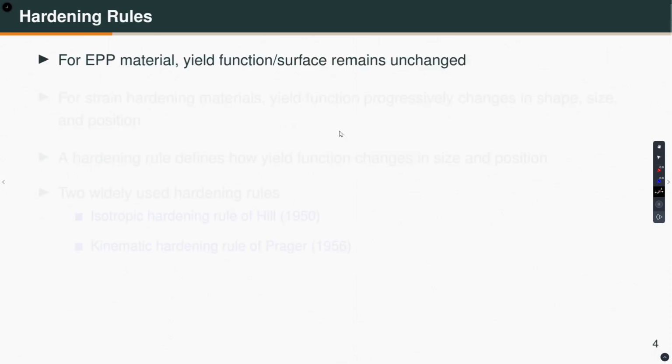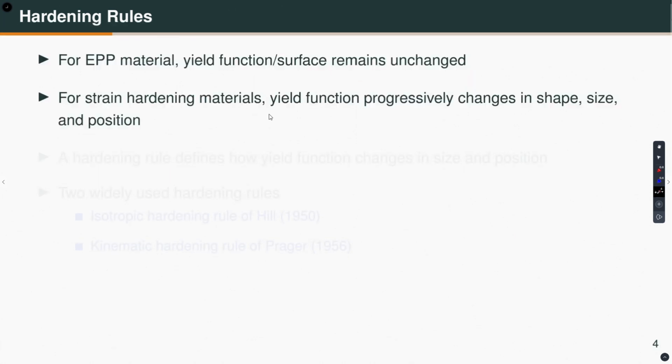Okay. So, let us recall that for elastic perfectly plastic material behavior, the yield function F of sigma, or the yield surface when we show it geometrically, remains unchanged. For strain hardening materials, the yield function progressively changes in shape, size and position.